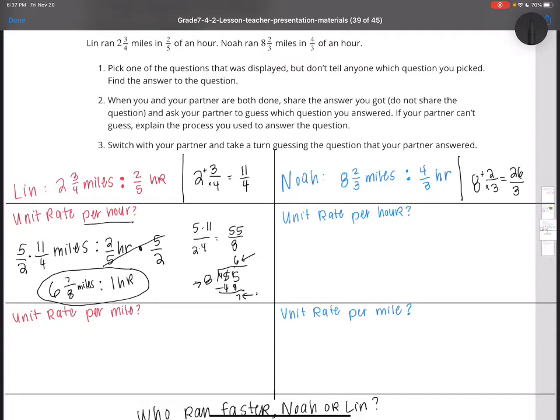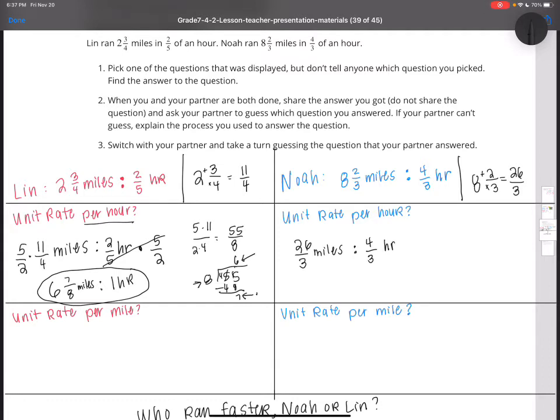Noah's unit rate per hour, and remember, we're replacing that mixed fraction with its improper value, which would be 26 over 3 miles, or 26 thirds miles to 4 thirds of an hour.